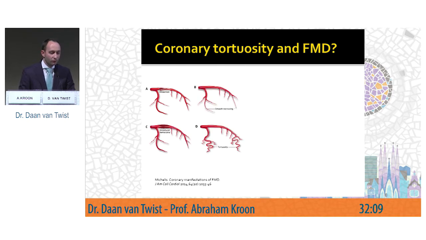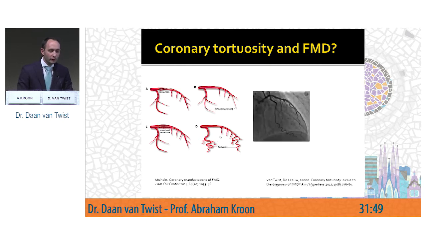But there are several other coronary artery abnormalities associated with FMD. As you can see here in the figure, the smooth narrowing, or the intramural hematoma, or, as in this case, the tortuosity. If you look at patients with SCAD, almost all of them have coronary tortuosity. A while ago, we questioned whether that might be a clue for FMD as well.